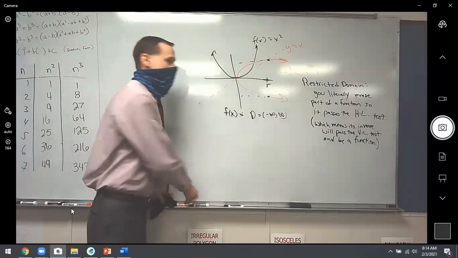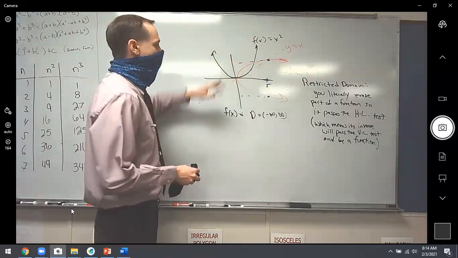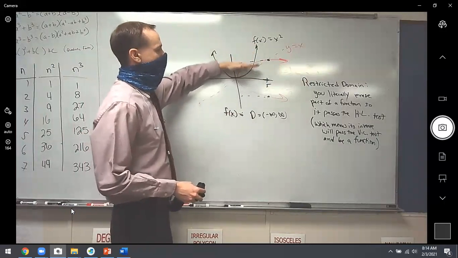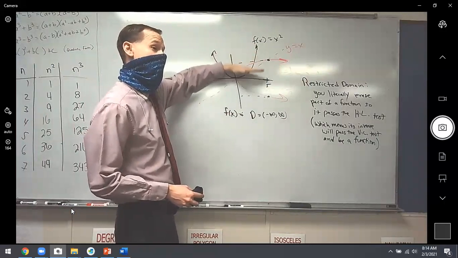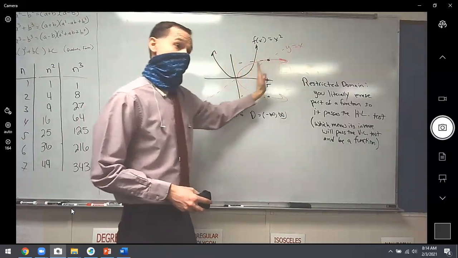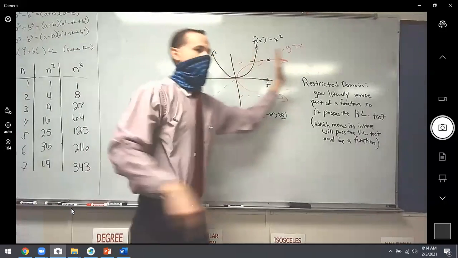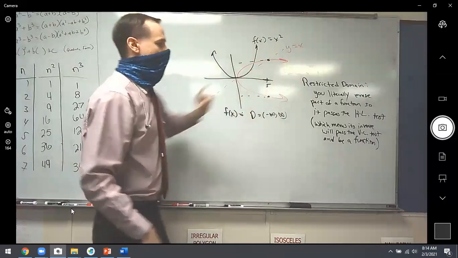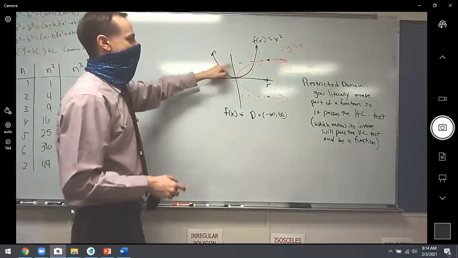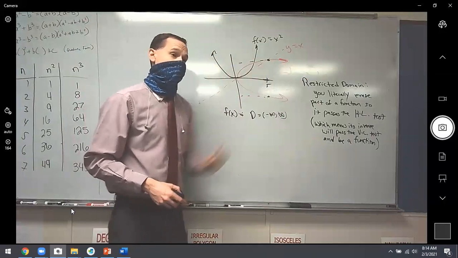So here's what you literally do. You erase part of this. And by the way, if this one fails the horizontal line test, see this is horizontal? Guess what? This one fails the vertical line test. Because when you flip it, horizontal lines become vertical lines like that. So here's the deal. I need this thing to pass a horizontal line test so that this thing will pass a vertical line test.